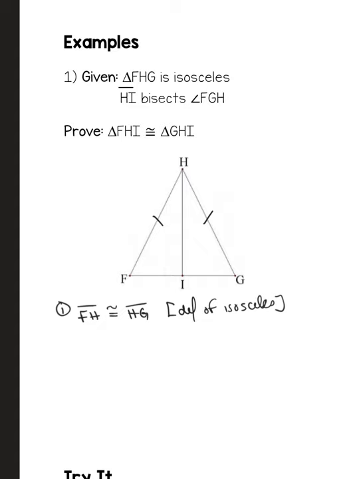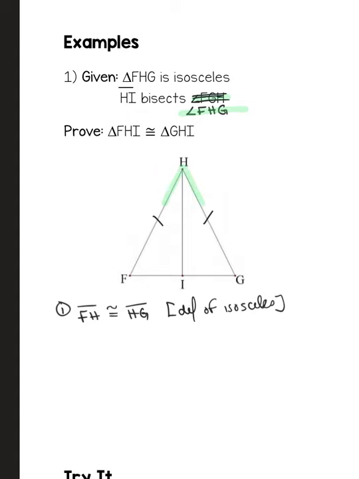The other information that we're given is that HI bisects angle FGH. Oh, this is a typo. We need angle FHG, sorry. HI bisects angle FHG, so that would be this guy up here.